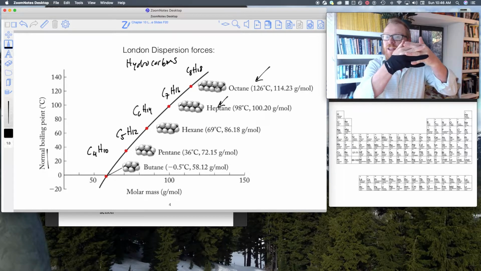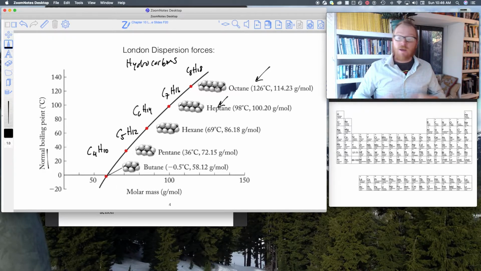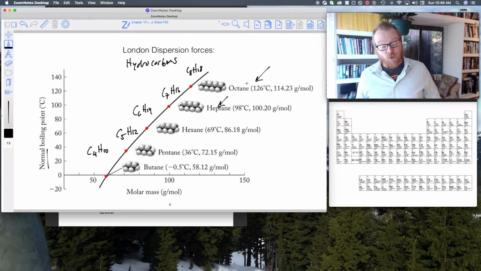And that makes them really hard to separate because once they get tangled up, their intermolecular forces are incredibly strong. In fact, stronger than water. Water boils at 100 degrees, octane boils at 126, okay? And this also gives us a property that we often call greasy.